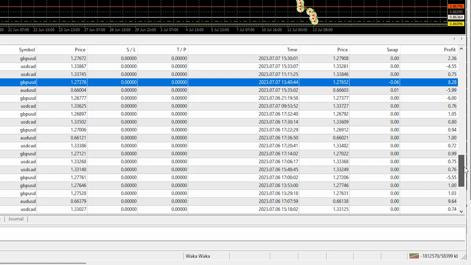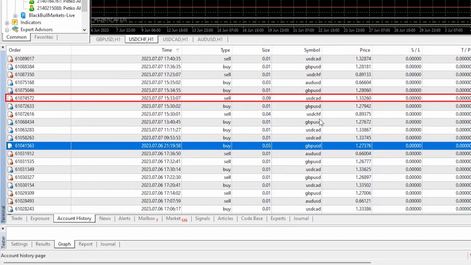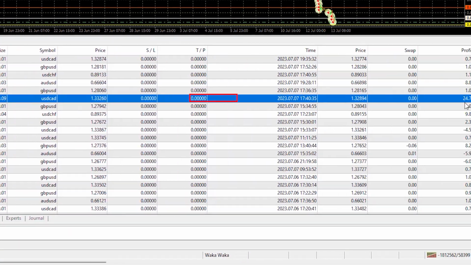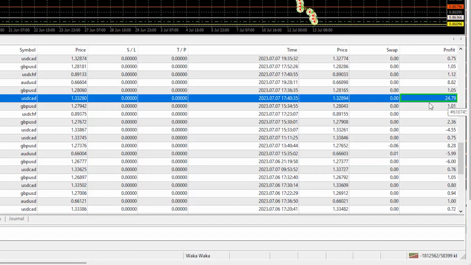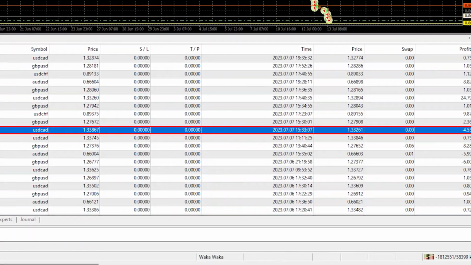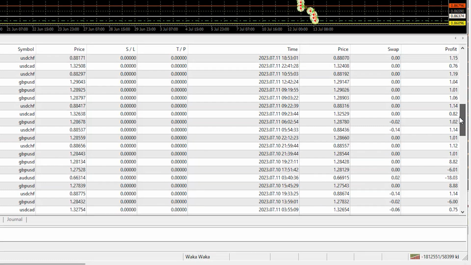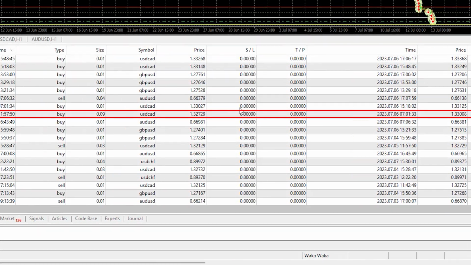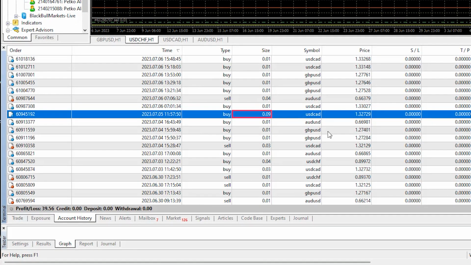And if I just scroll through the entire history, you'll see that the maximum I had here is 0.09. Actually, that's a profitable trade that recovered, I guess, the previous loss. And then again, if I go to the top and to the bottom, you will notice another trade with 0.09. So that was the maximum lot I saw during these 2 weeks.